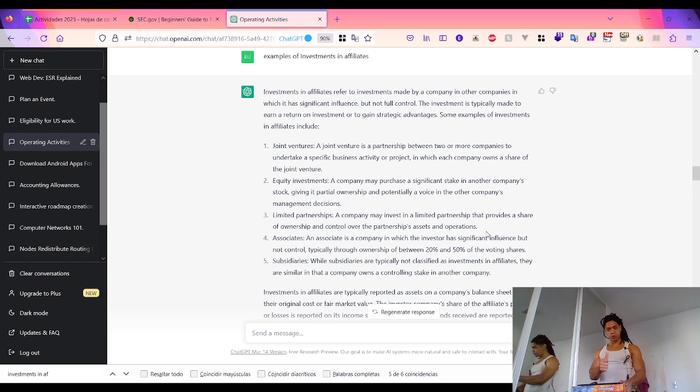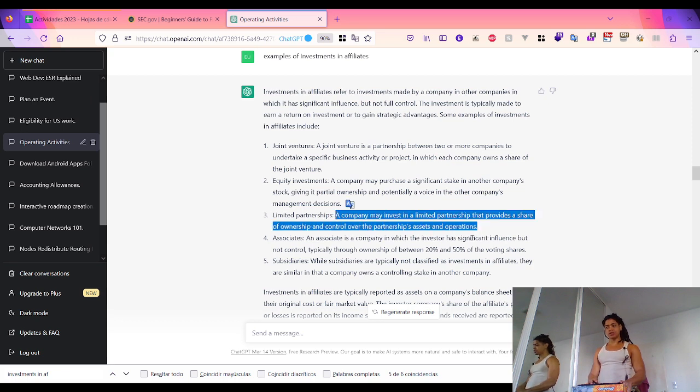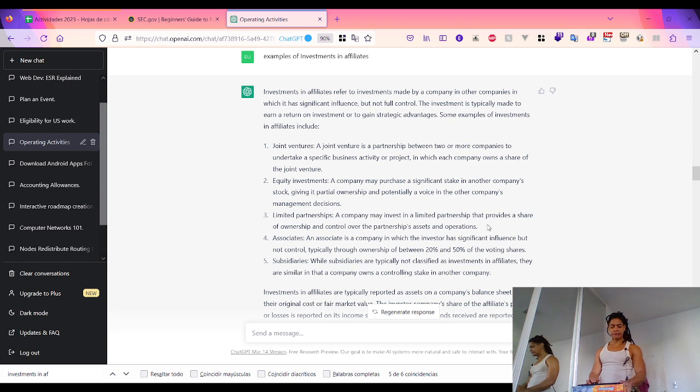This is something very delicate, because after all, you may not want to do that, especially if you're a limited partnership and a company invests in your LP.